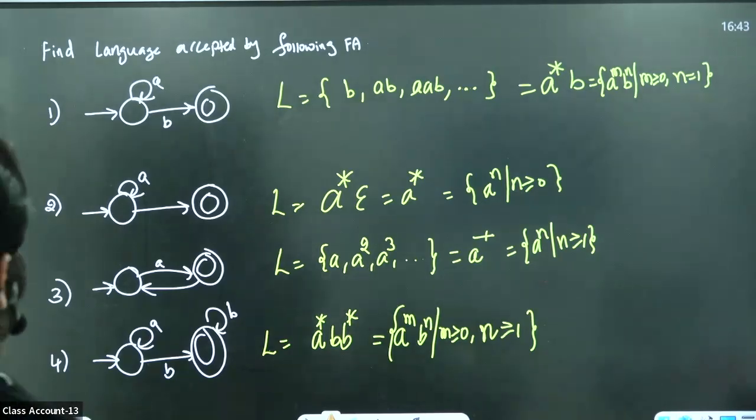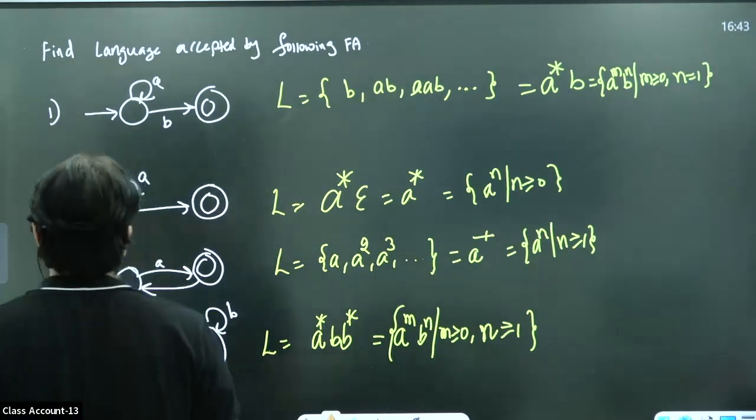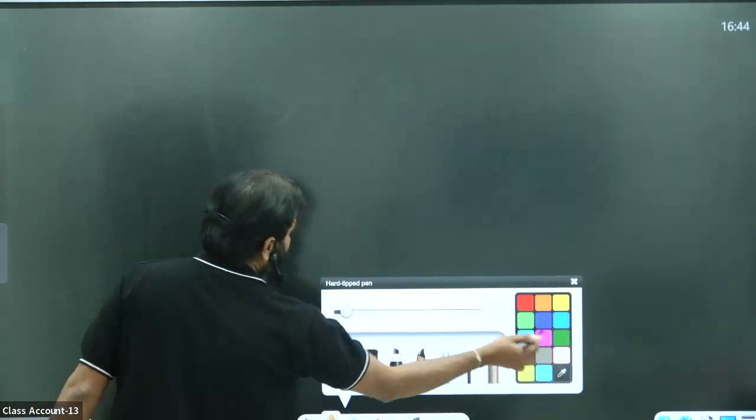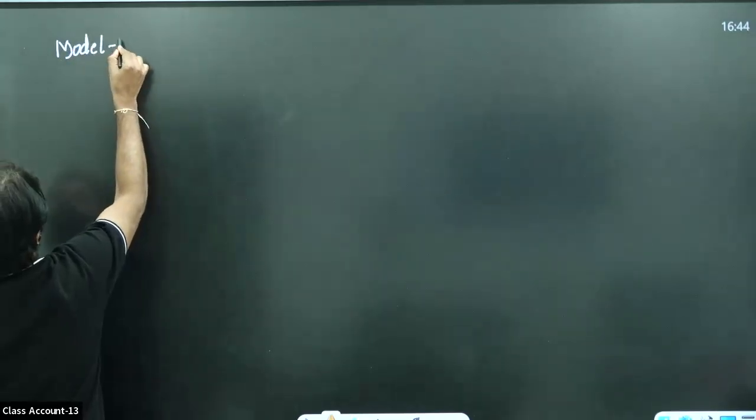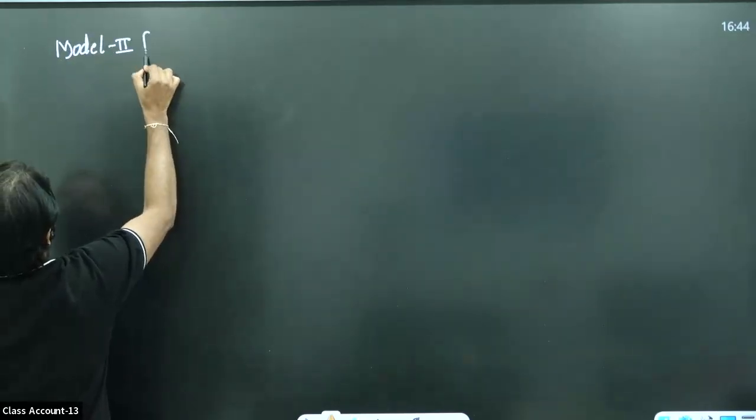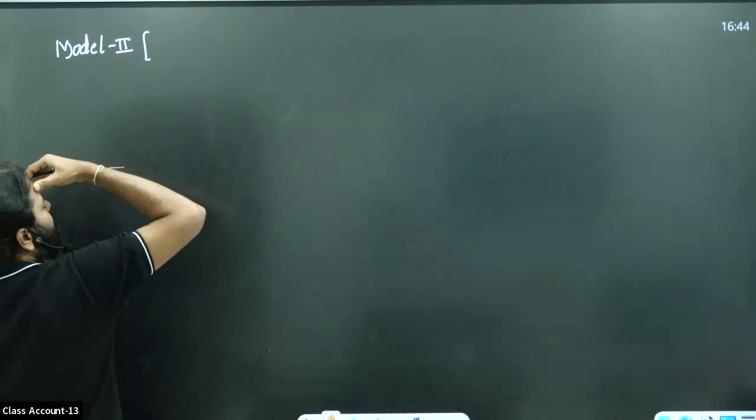Clear? Now I'll give some homework questions. Can you try? Model 2. In model 1 we solved 4 problems, right? You need to construct what? Minimum DFA. At the same time, you can also focus on the minimum NFA.